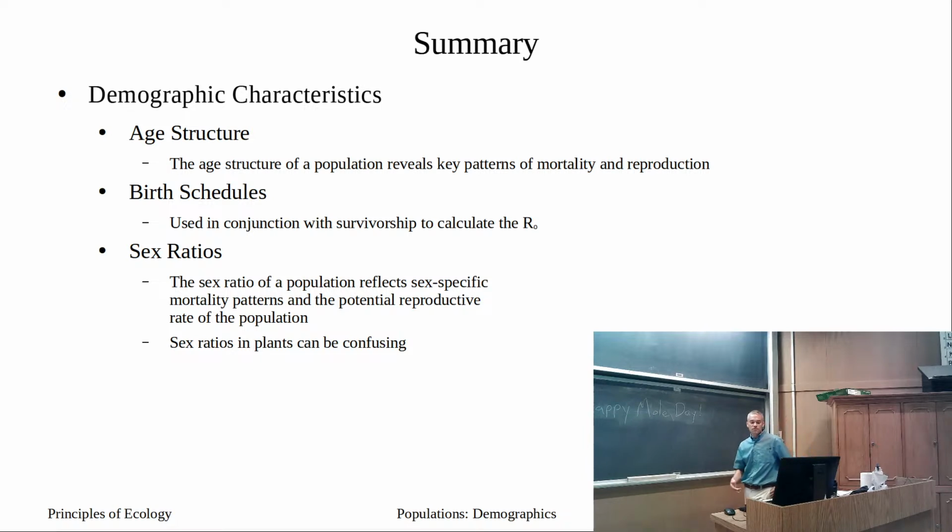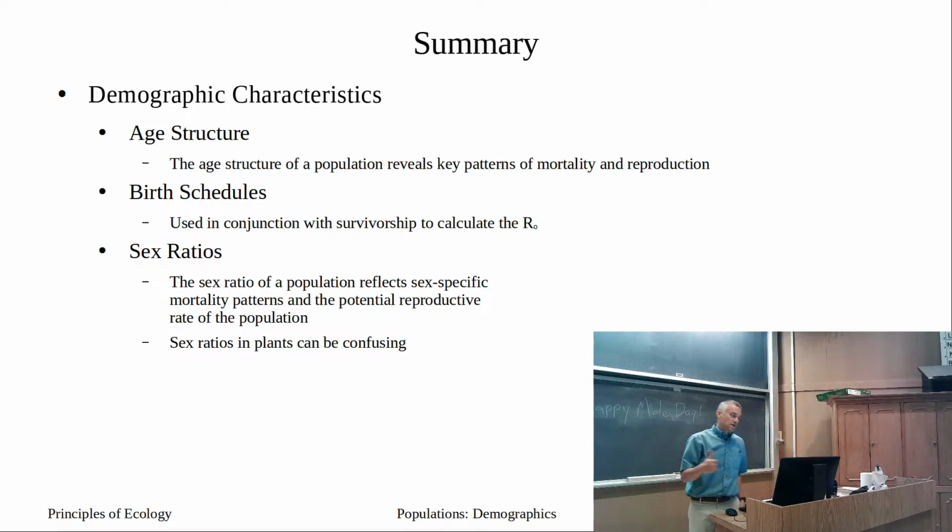If we didn't want to go through and actually do all of the sequencing, because maybe it's expensive and we didn't have the resources, one way we could figure this out is to look at some of these characteristics. We could look at densities, dispersion patterns, age structures, birth schedules, or sex ratios. If those populations differ in some of these characteristics, then there's a good chance that these are 2 separate populations going down their own evolutionary path.